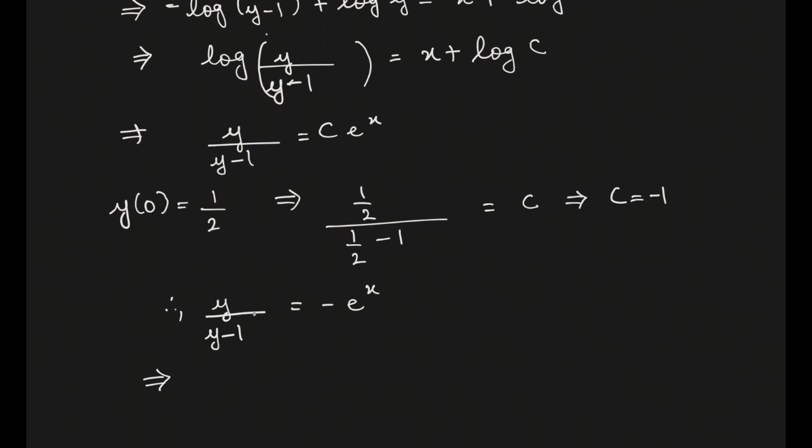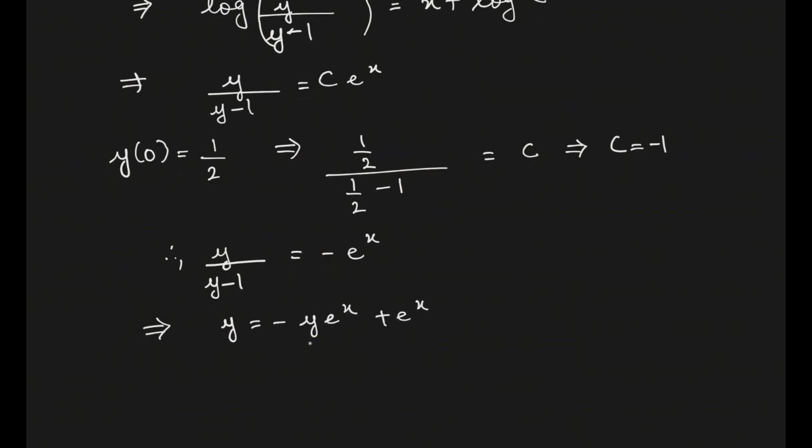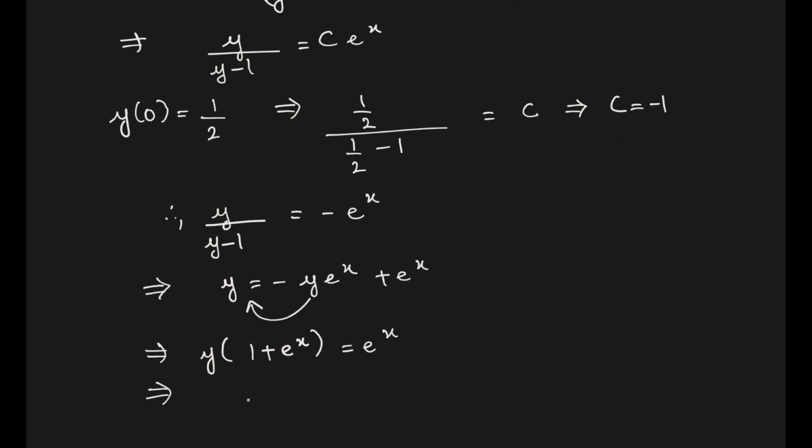Now, I can simplify it further. y equal to minus y e to the power x plus e to the power x. I can take this term on the left side and I can take y common. This implies y is equals to e to the power x upon 1 plus e to the power x.